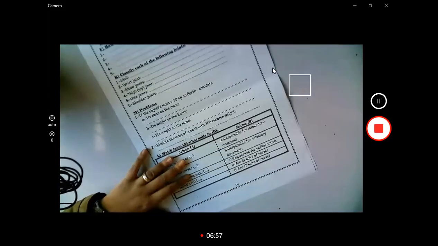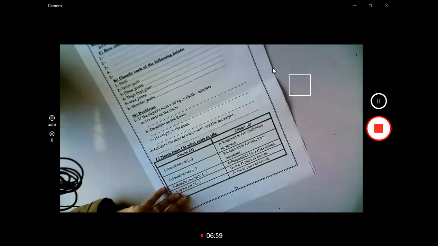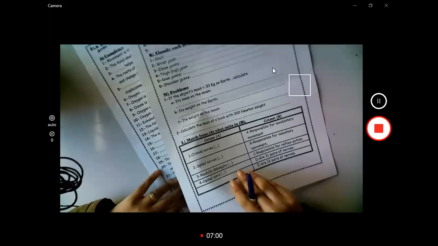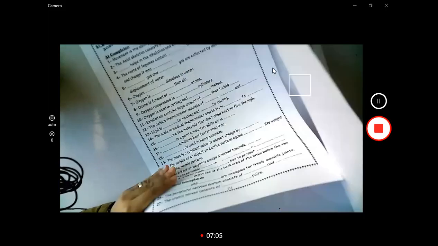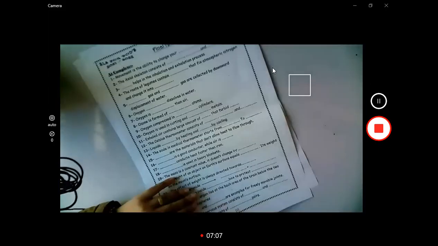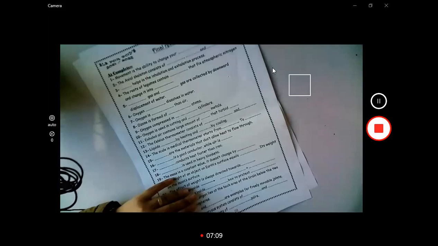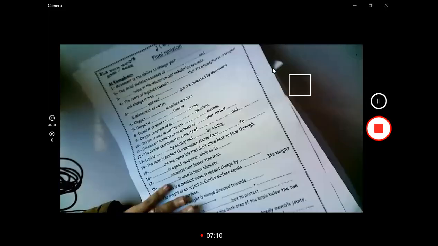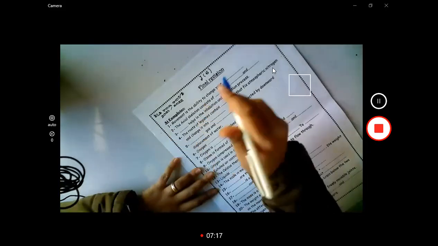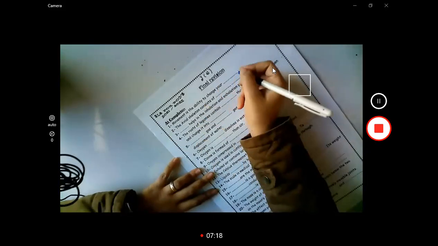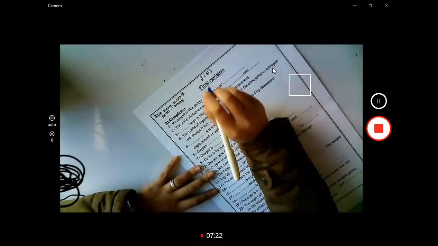Now we can answer complete questions. Movement is the ability to change your direction or place.